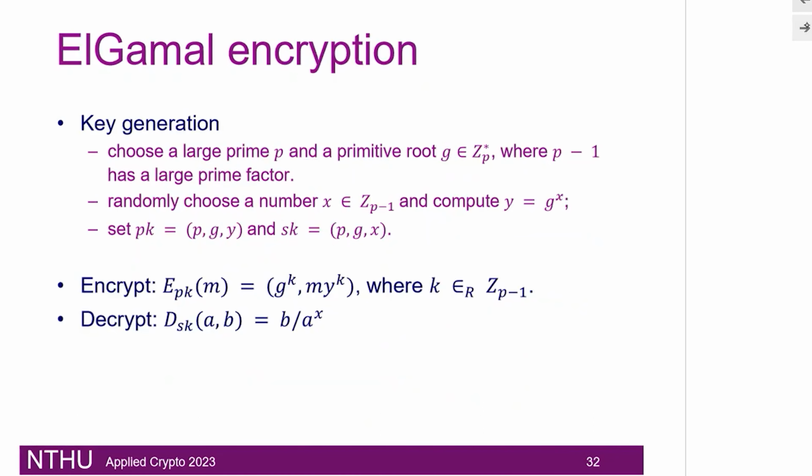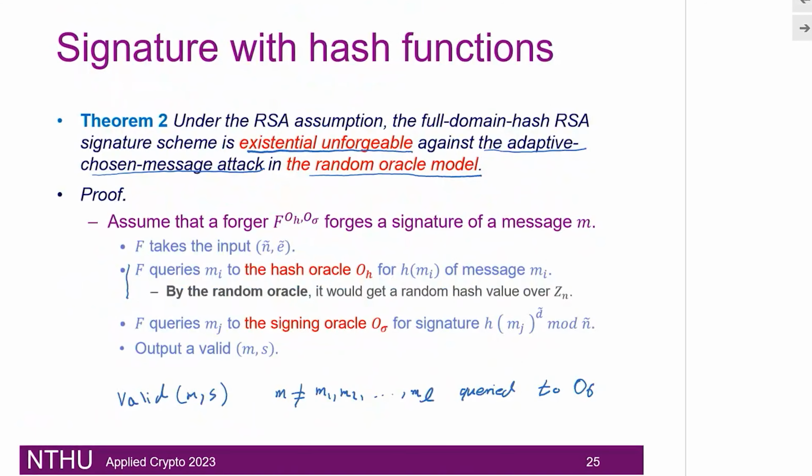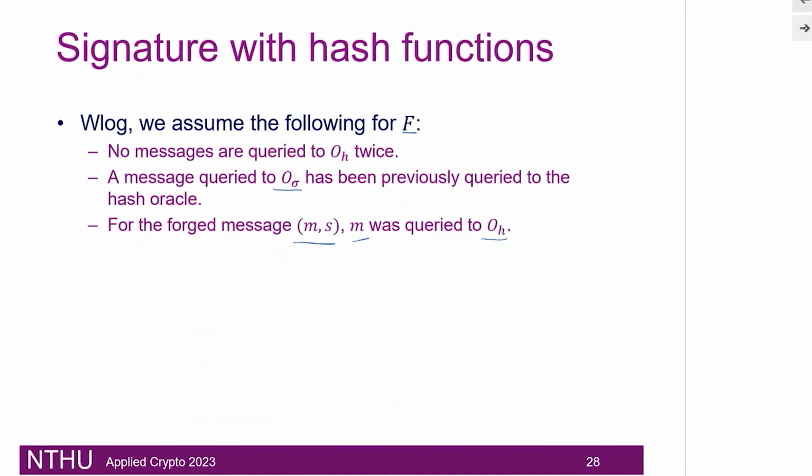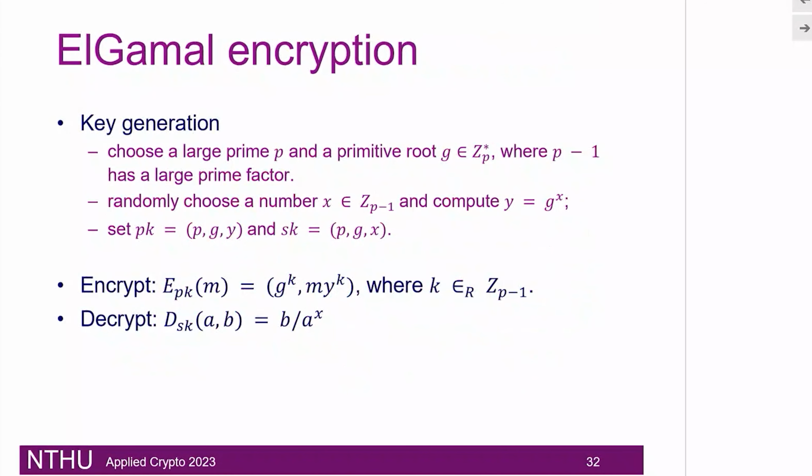If you go back to the proof of the theorem under the RSA assumption, we started our proof under this assumption, and at the end we showed that if such a forger exists, then the RSA assumption is no longer hard. So this is a contradiction, and it means that the forger doesn't exist. That's the conclusion we get. Therefore, the forger doesn't exist and our algorithm is secure. These are the steps and the conclusion we get out of this.